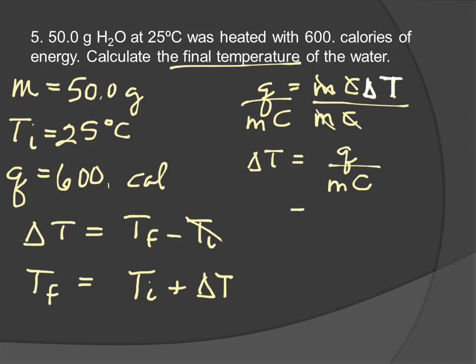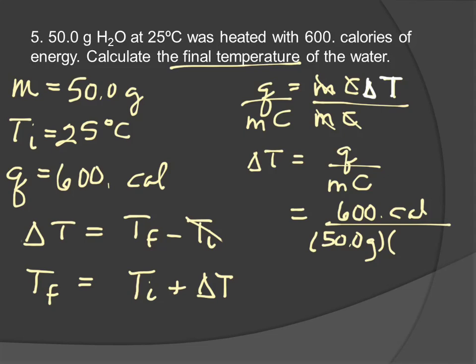So delta T, now I'm going to plug the numbers in. So 600 calories divided by the mass, 50.0 grams, divided by the specific heat, 1. It's not given in the problem. We have to go look it up.